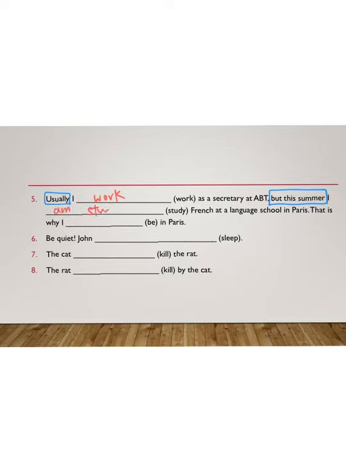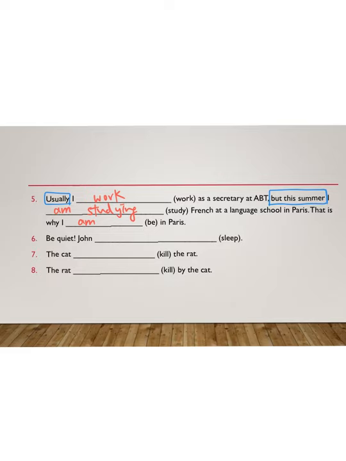I am studying French at a language school in Paris this summer. And that is why, for the last blank, I am talking about my existence here, where I am, so we have to use simple present tense and active voice. That's why I am in Paris.